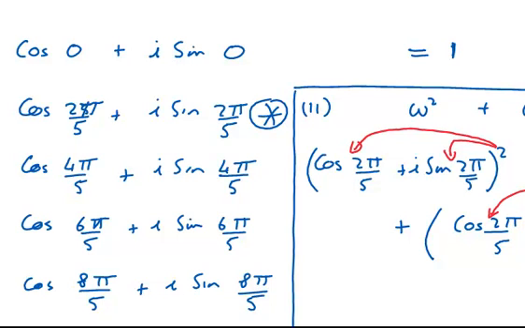So the first bit, w squared, will be the cos, well, 2 2's are 4, so it's 4 pi over 5 plus i sine 4 pi over 5, plus the cos of 6 pi over 5 plus i sine 6 pi over 5.